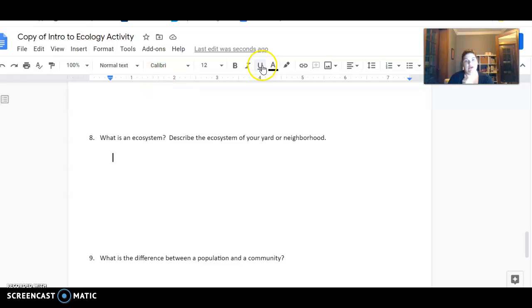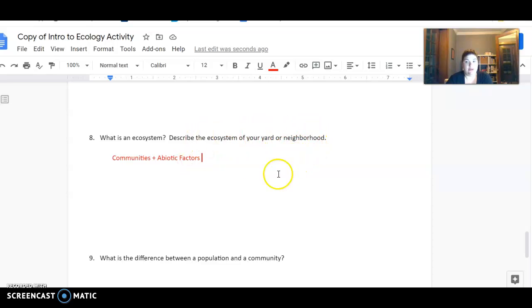Ecosystems are going to be communities plus abiotic factors. So this is when we're looking at a more broad representation of our biosphere. We are going to talk about the communities plus the abiotic factors that make up your yard or neighborhood.